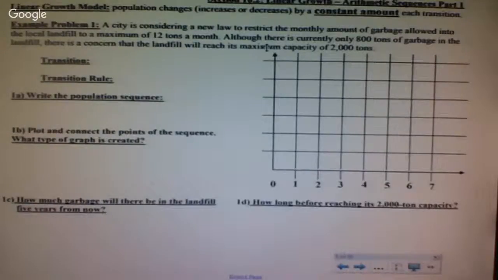So, first off, where does my sequence start in this problem? At 800 tons. Okay, so we start at 800 tons. After a month, how many tons do I now have? 812.